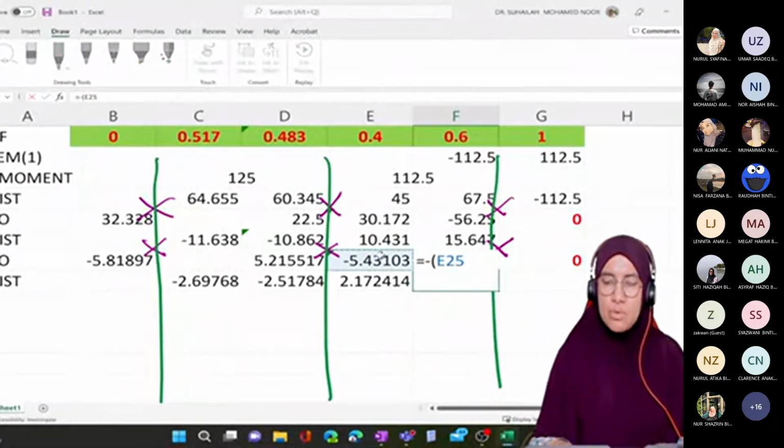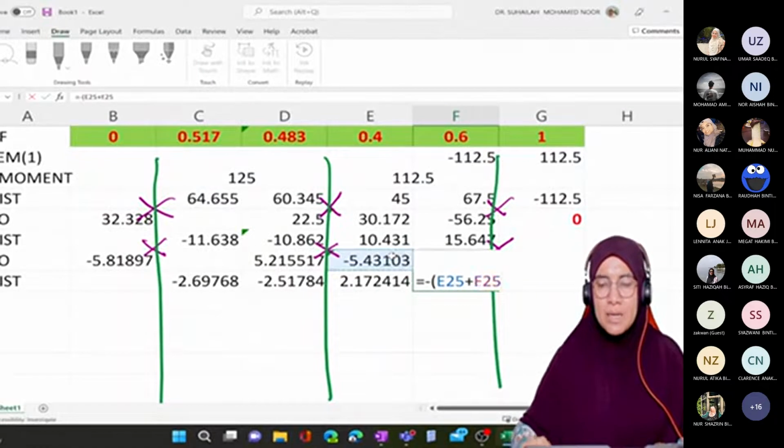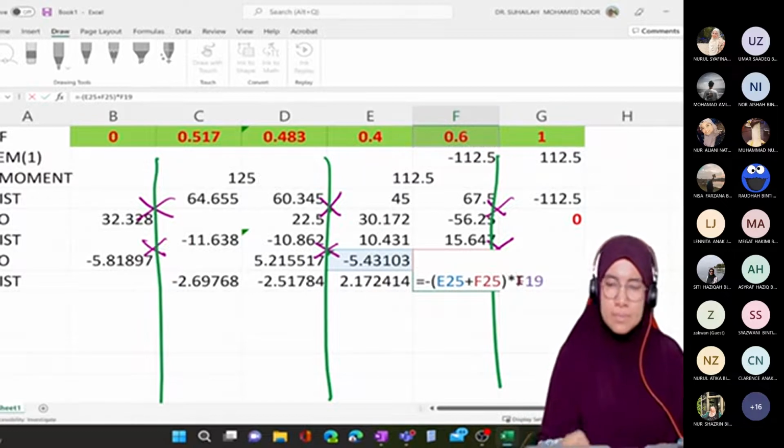Okay, we just need to repeat the process again and again until the last distribution reaches 0 value. 0.6.